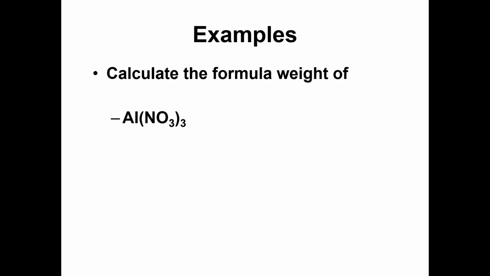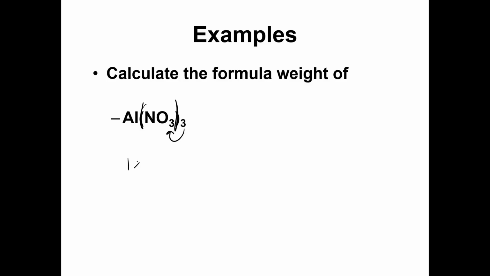Aluminum nitrate. Now, aluminum nitrate, the NO3, is a unit that belongs together, and so it is put in parentheses, and then there's a 3 behind it, which means we have 3 nitrate ions here. Okay, so we have 3 times 3 oxygen atoms and 3 nitrogen atoms here, so that's not that difficult.